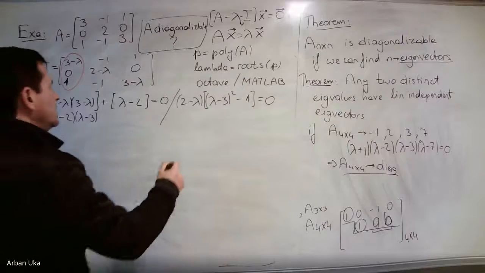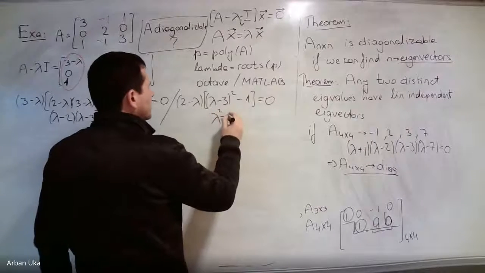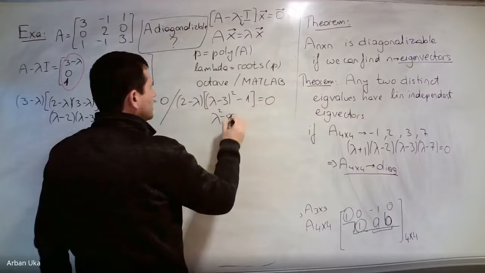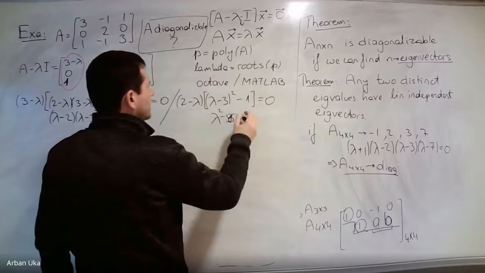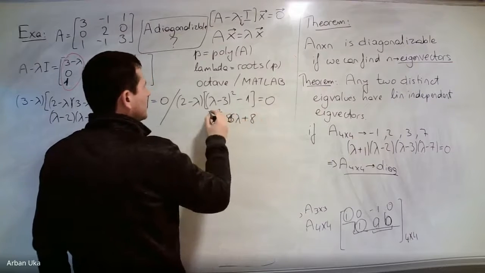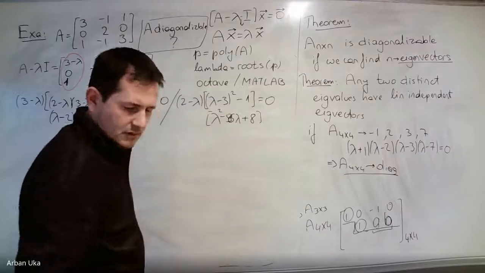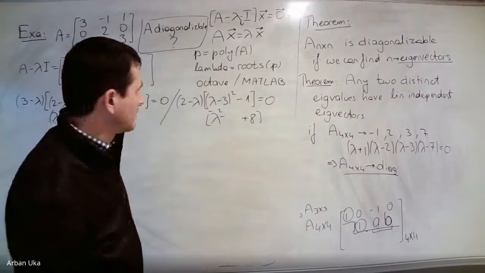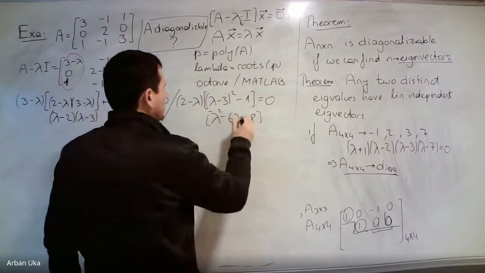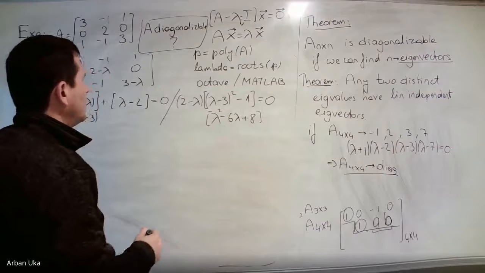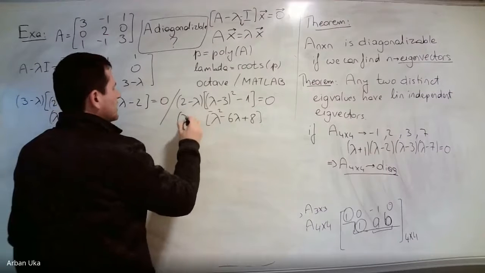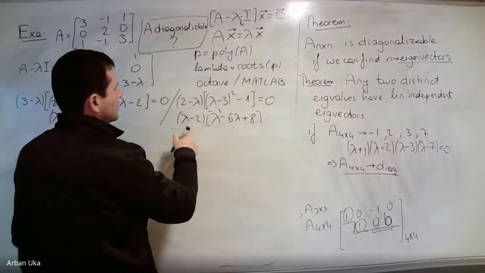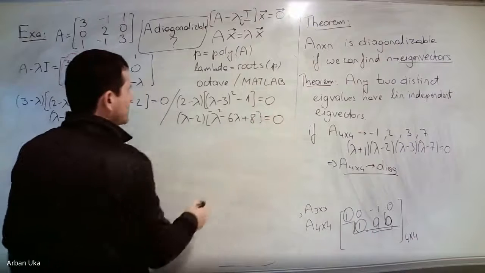So then here we have lambda squared minus 6 lambda plus 9 minus 1 plus 8. Let's multiply this by lambda minus 2 because we multiply by minus 1 from both sides.